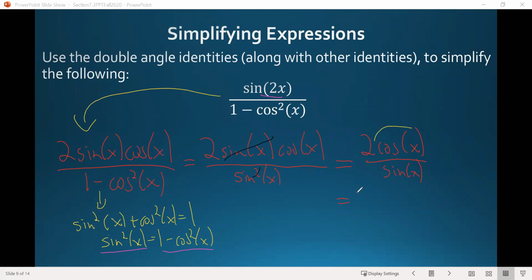And then notice we have a cosine of x divided by a sine of x there, which if we think back to our previous identities, just gives us 2 times cotangent of x. Okay, so that would be as simplified as this can get. So sine of 2x over 1 minus cosine squared becomes 2 times cotangent of x.